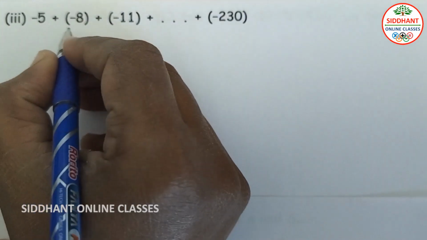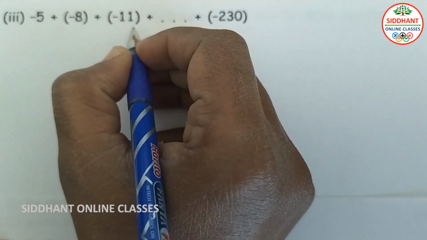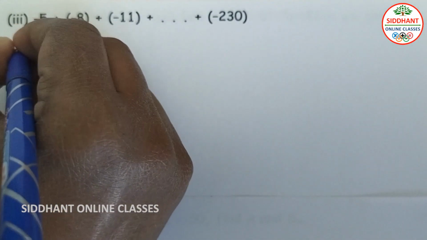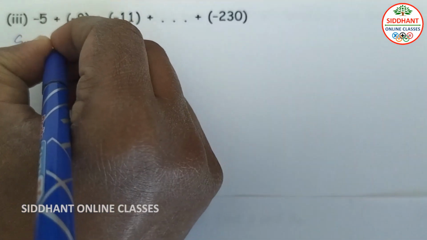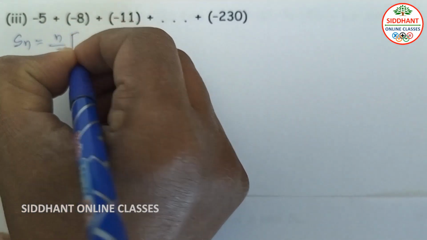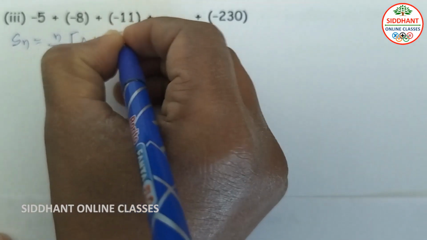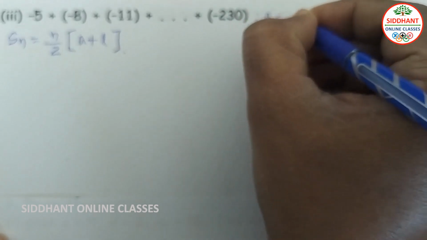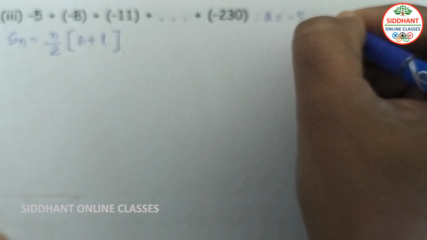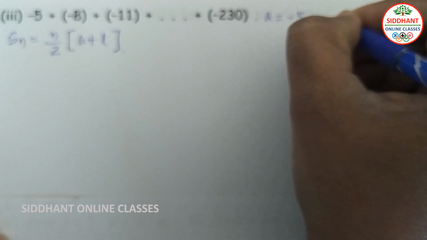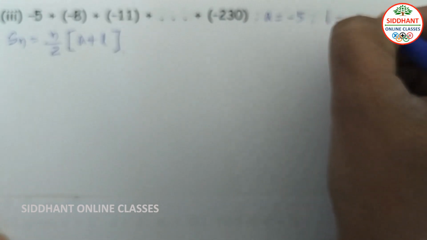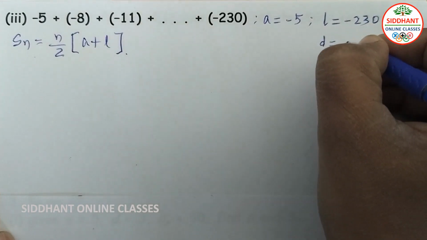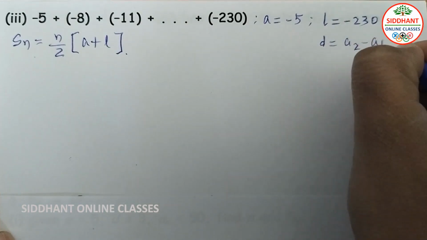Third one, minus 5 plus minus 8 plus minus 11 up to minus 230 here. So here we are going to find out the sum, which is Sn equals n by 2 into A plus L here. So the given data here is A, which is the first number, that is minus 5, given here, and L, which is the last number, that is minus 230 here, and D, we are going to find out the common difference, that is A2 minus A1.